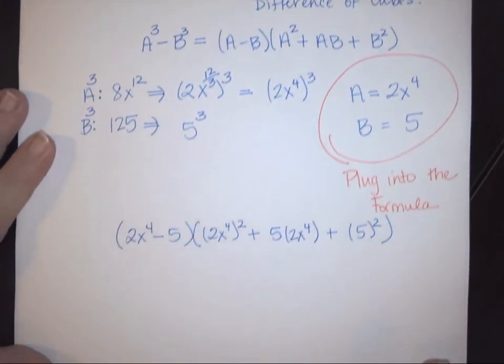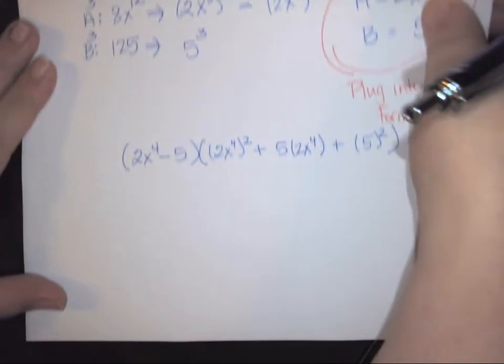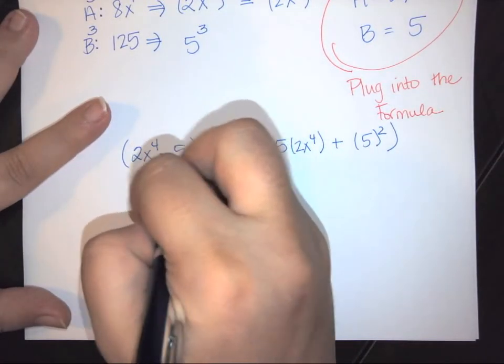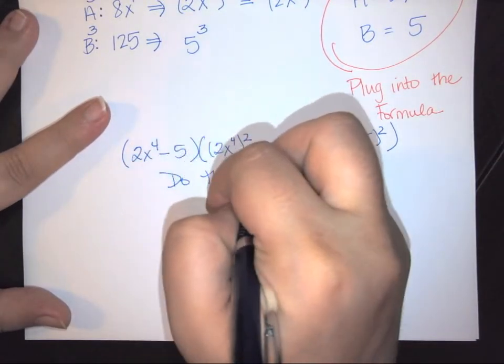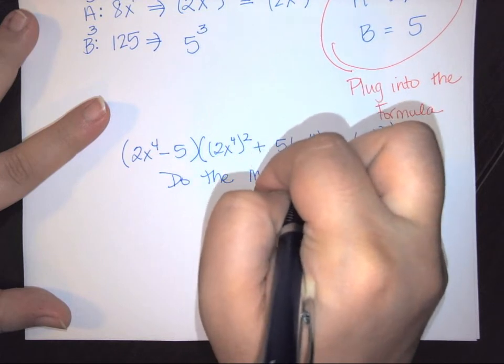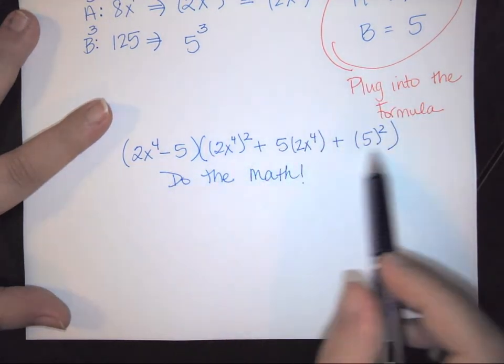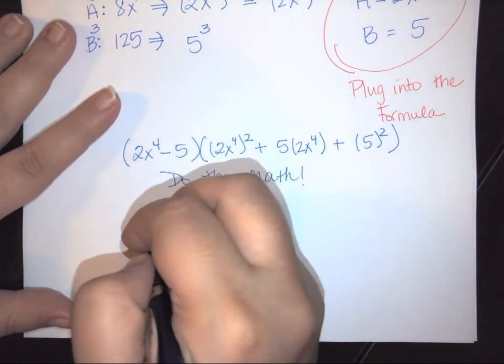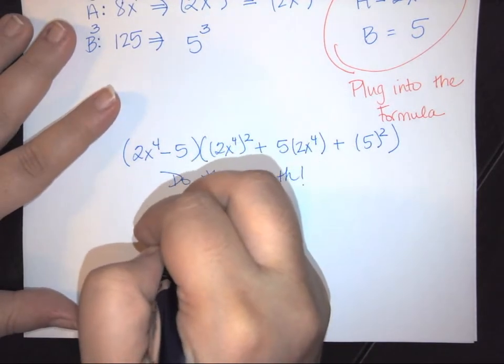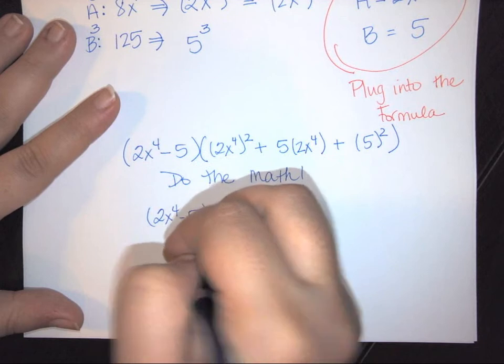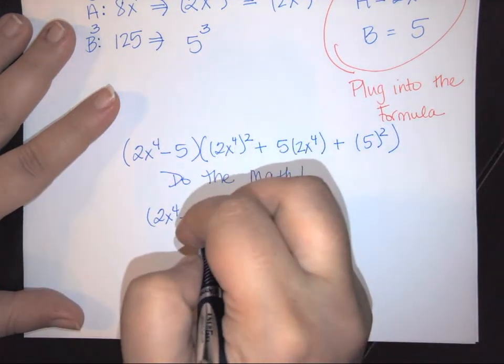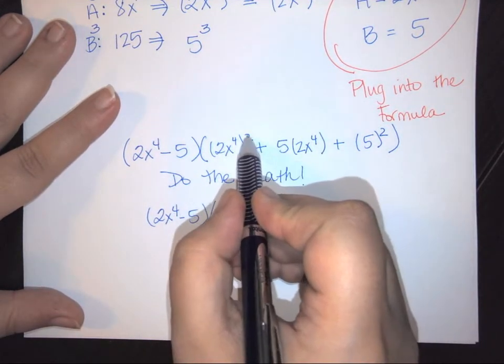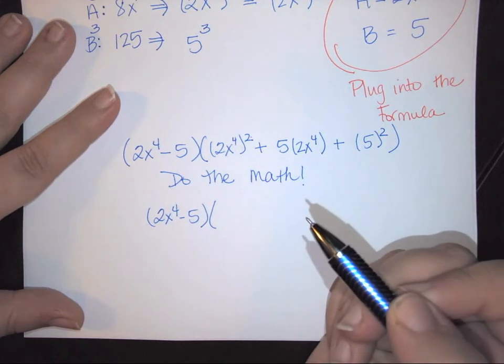One of the things that you have to remember about all factoring is that you have to do the math. Meaning you cannot leave it like this, you have to simplify it down. So I know my first term is still going to be 2x to the 4th minus 5. My next term here, I have to square the 2 and square x to the 4th.